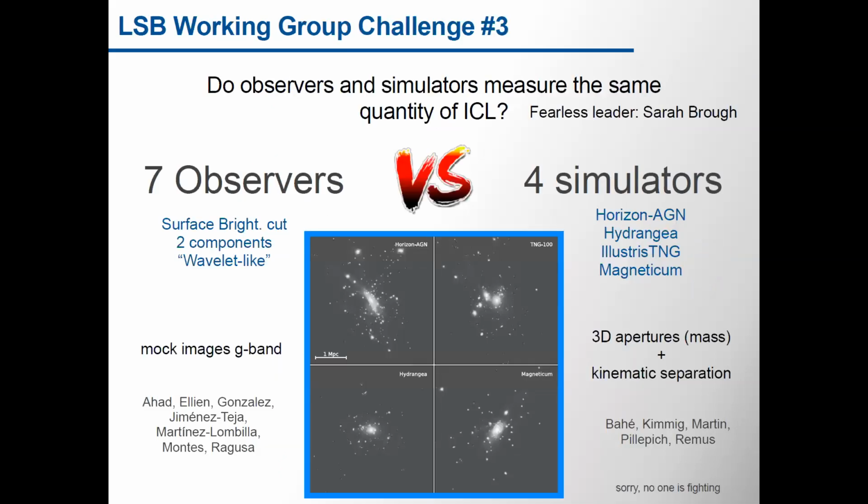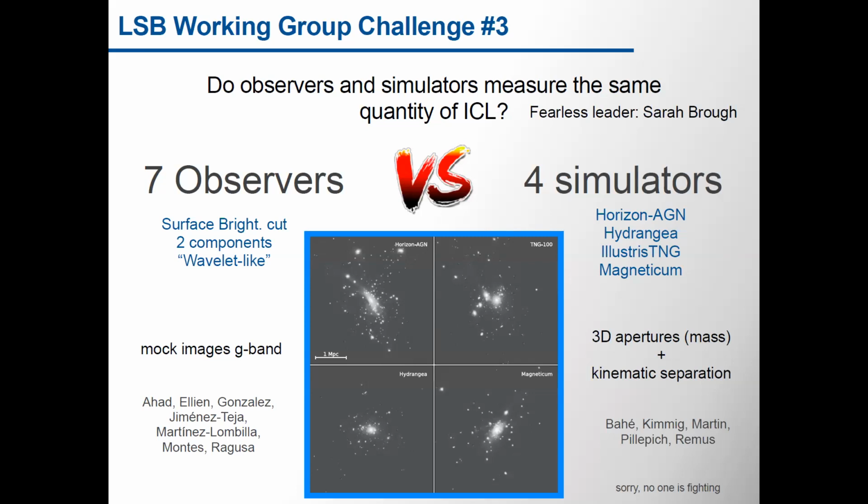And that's why we are coming up with this low surface brightness challenge number 3. This challenge, led by Sarah Brough, is basically where observers and simulators measure the same quantity of intracluster light. The aim is to figure out the best way of defining the intracluster light.